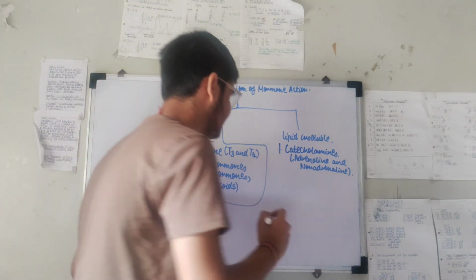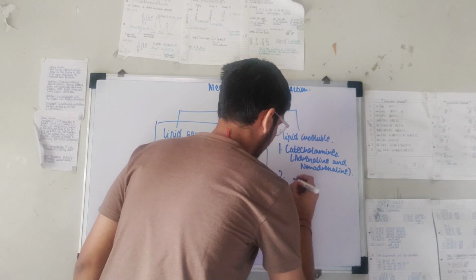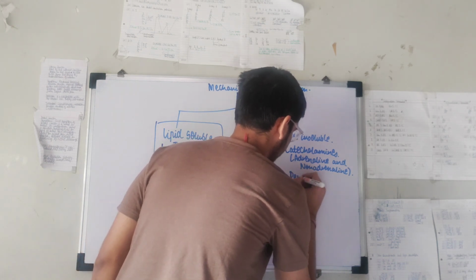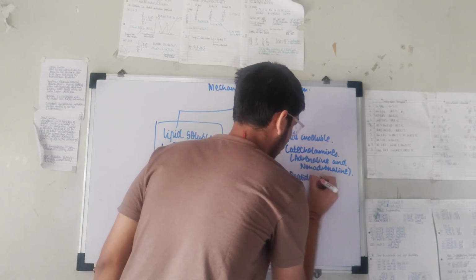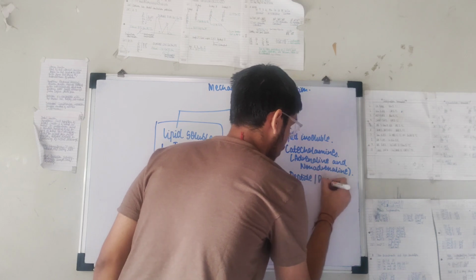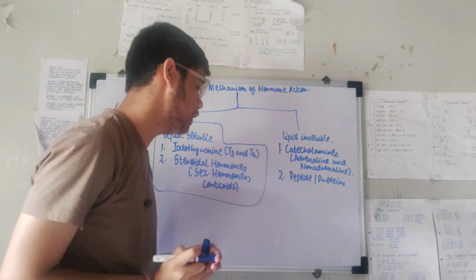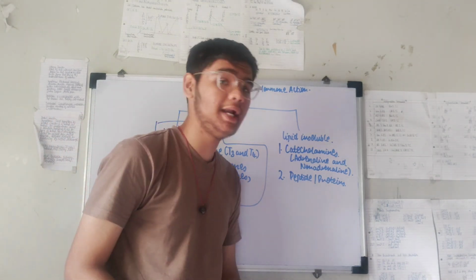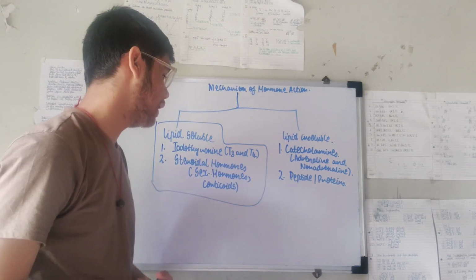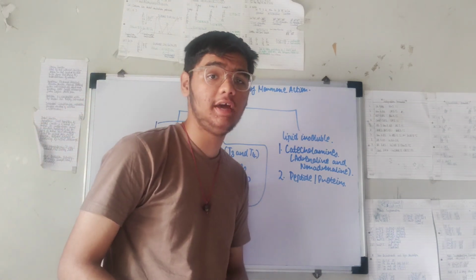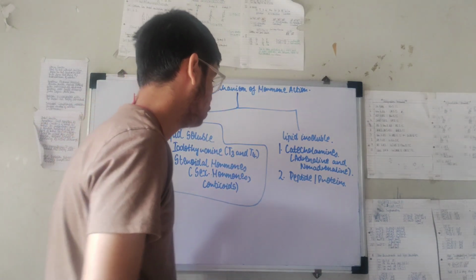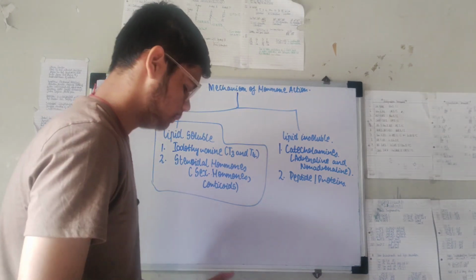Second, other hormones which are peptide or proteinaceous hormones are included. The majority of pituitary hormones are peptide and proteinaceous, like FSH, which is in this category.